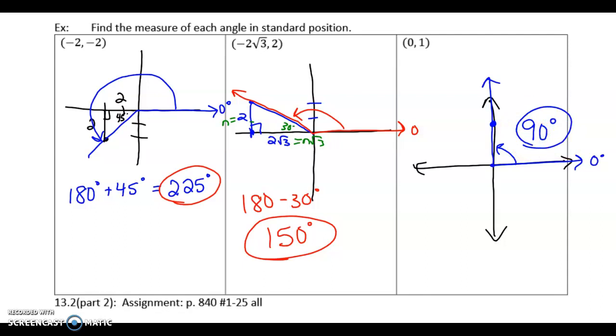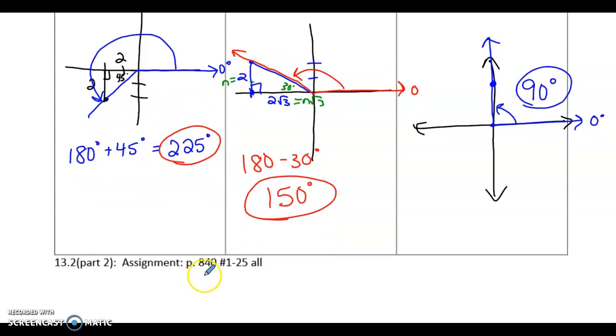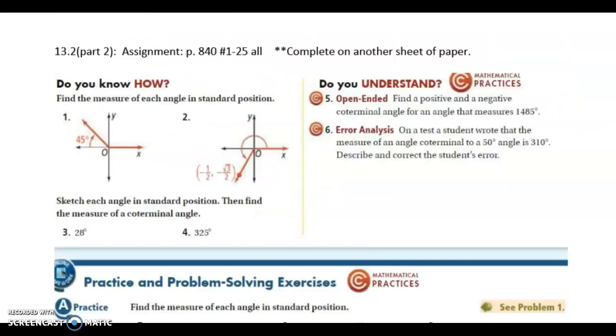Okay? All right. Your assignment is page 840, numbers 1 through 25 all. Okay, so the first one, you're just trying to figure out what the degree is in standard position. So if we know it goes 45 degrees from 180, we should be able to calculate what it is. Okay, this one, remember for number 2, you always want to bring that angle right up to the x-axis. So it's saying the x value was 1/2 and the y value was square root of 3 over 2.